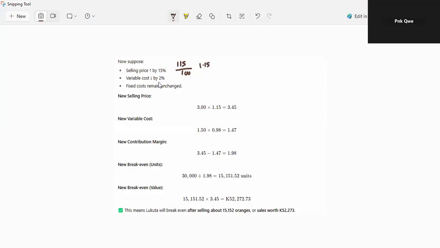Then the variable cost reduced by 2%, that is 98%. 98% divided by 100, what do we get? 0.98. So we adjust the prices based on the percentages. So our new selling price will be 3 times 1.15, we get 3.45. Our variable cost was initially 1.50, so it reduces by 2%, so we multiply by 0.98, so we get 1.47. So these are the new adjustments, selling price and variable cost.